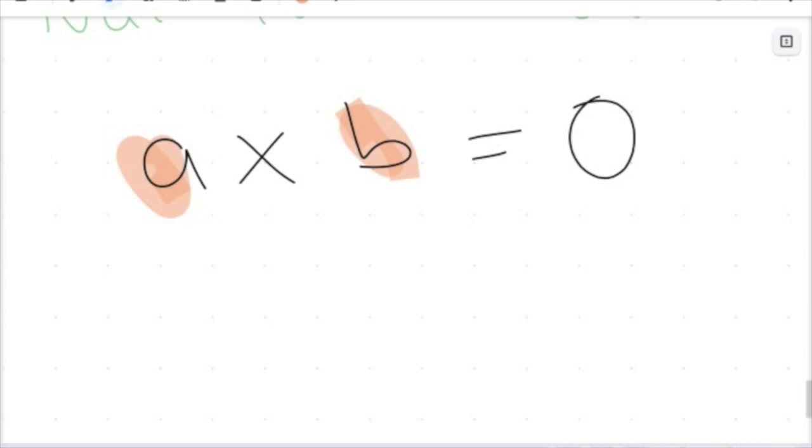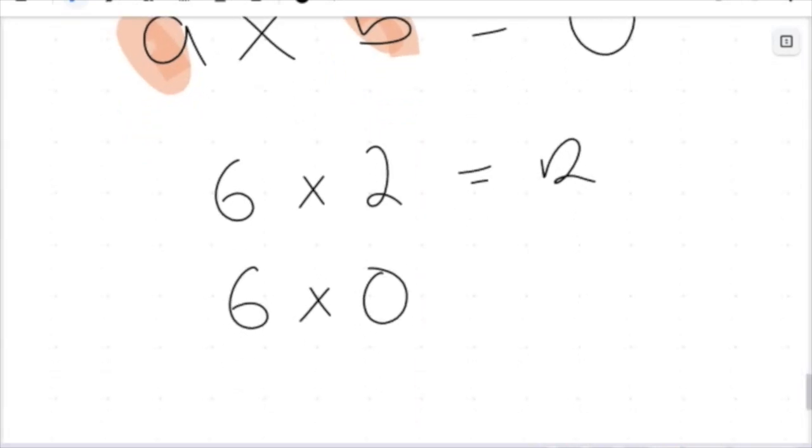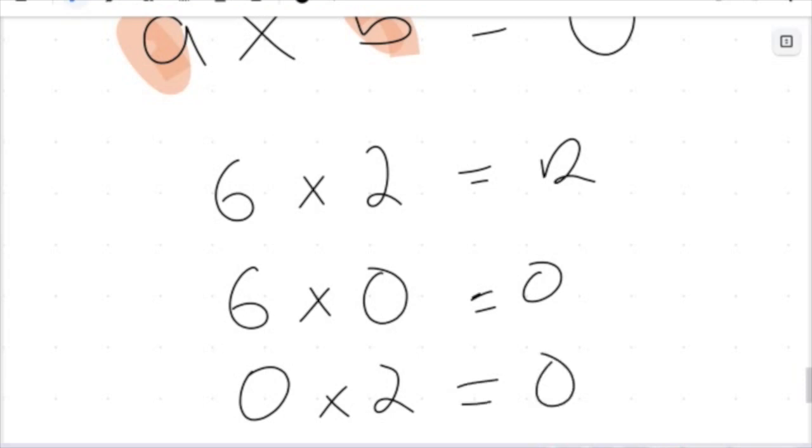You can't get 0 as a product any other way. If I do 6 times 2, these are both non-zero numbers. That gives me 12. The only way I can get my answer here being 0 is if I did, for example, 6 times 0 or 0 times 2. I need one of my numbers that are multiplying to be 0 in order to get 0 as a solution.